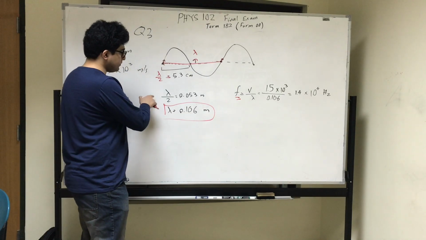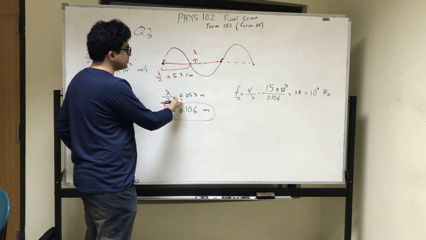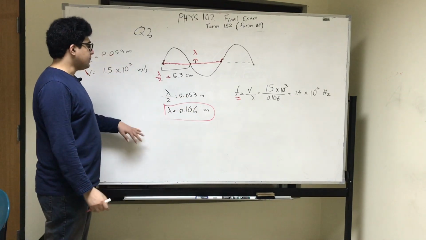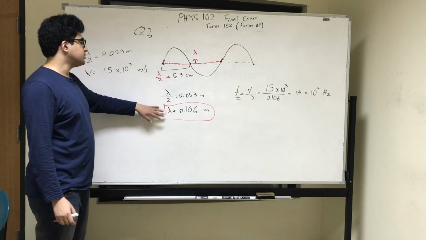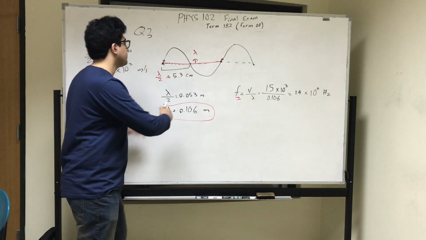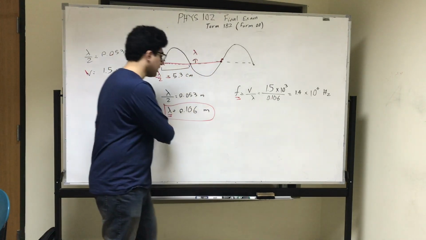If 1/2 of the wavelength is equal to 0.053 meters, then if you multiply both sides by 2, you'll get the value of lambda, this value over here.